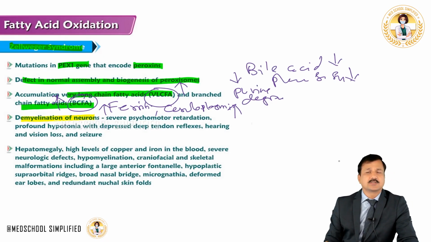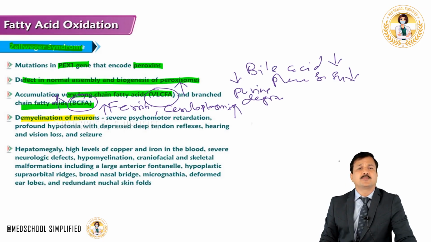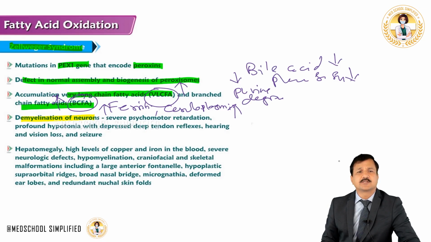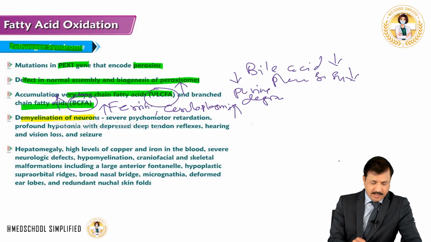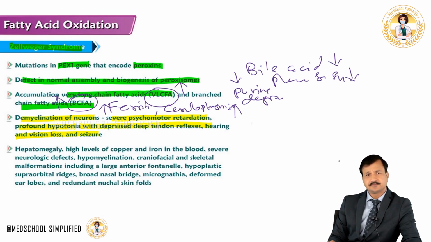demyelination of the neurons, because peroxisomes are important for oxidation of very long chain fatty acids, which are abundantly present in the neurons. Demyelination of neurons may lead to severe psychomotor retardation, profound hypotonia with depressed deep tendon reflexes, hearing and vision loss, and seizures.